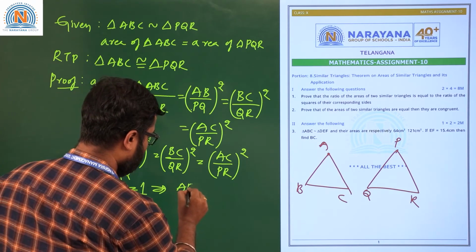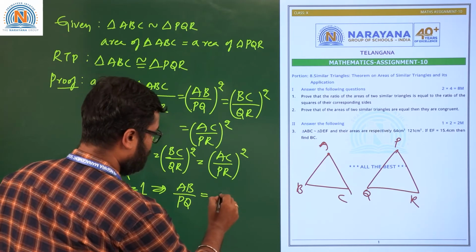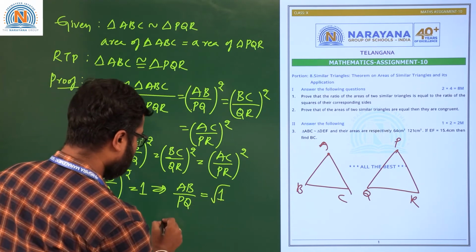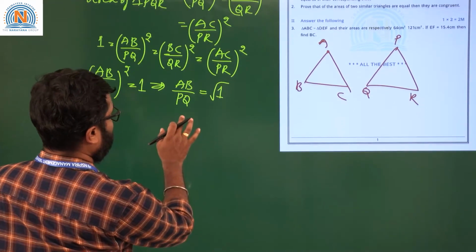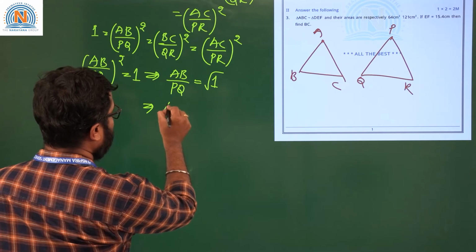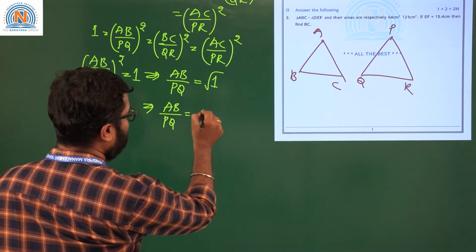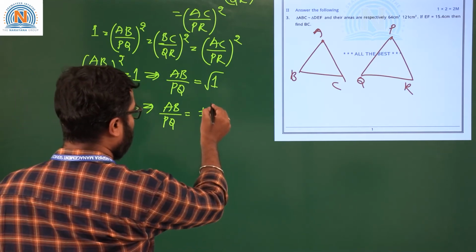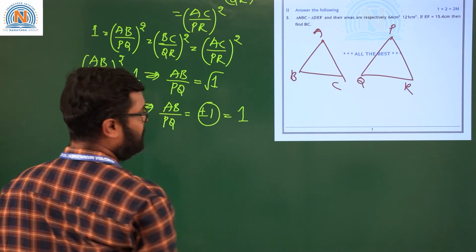AB by PQ is equal to under root 1, which is nothing but, which is equal to what, children? AB by PQ is equal to what? Plus or minus 1. Being this a ratio, we need to take always this equal to plus 1 only, isn't it?